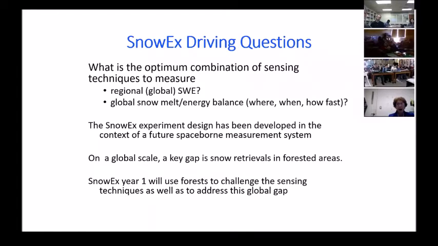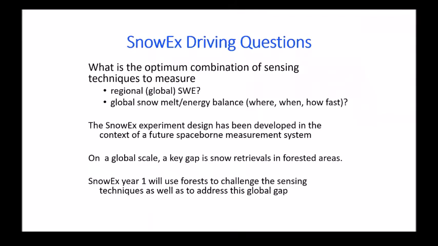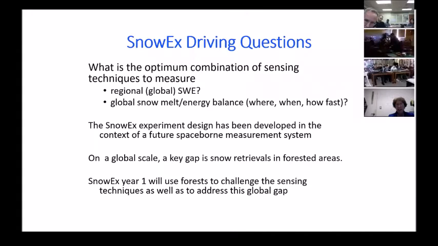So we're trying to figure out how to combine those measurements from those sensors to measure snow water equivalent, both in areas that are devoid of vegetation and in forested areas where we have to see through a lot of trees and a lot of dense vegetation to get to the snowpack. We want to see how the sensors work under those conditions.